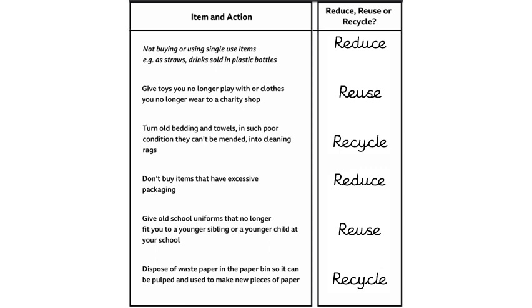Turn old bedding and towels in such poor condition they can't be mended into cleaning rags, that's recycle. Don't buy items that have excessive, that means a lot of packaging, that's reduce. Give old school uniforms that no longer fit you to a younger sibling or a younger child at your school is reuse. And dispose of waste paper in the paper bin so it can be pulped and used to make new pieces of paper is recycle.